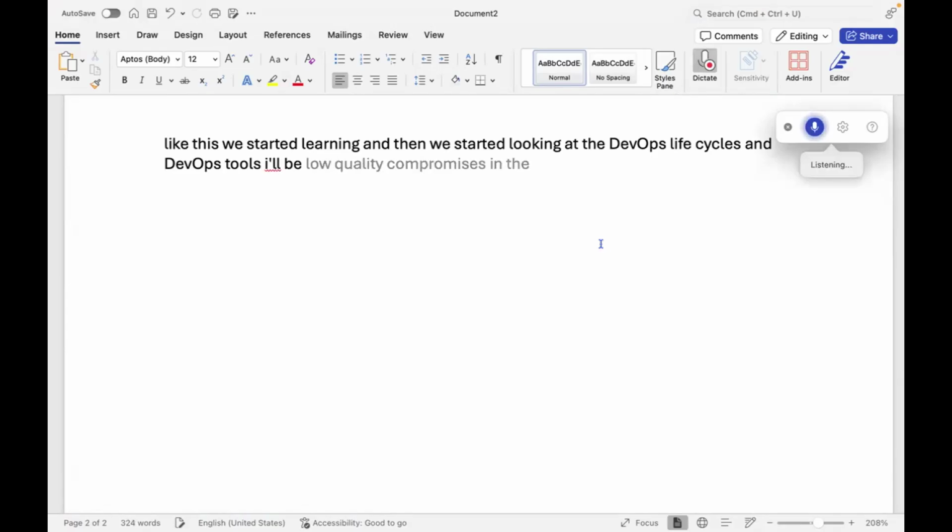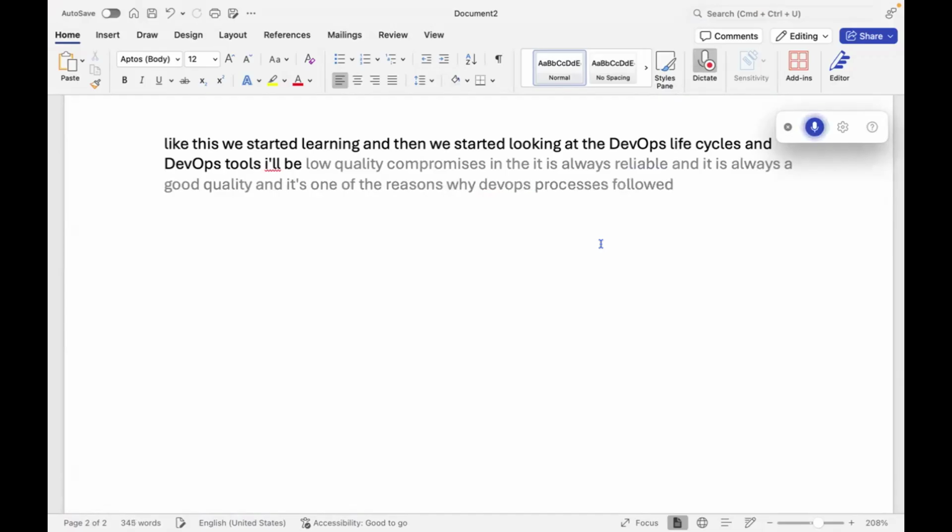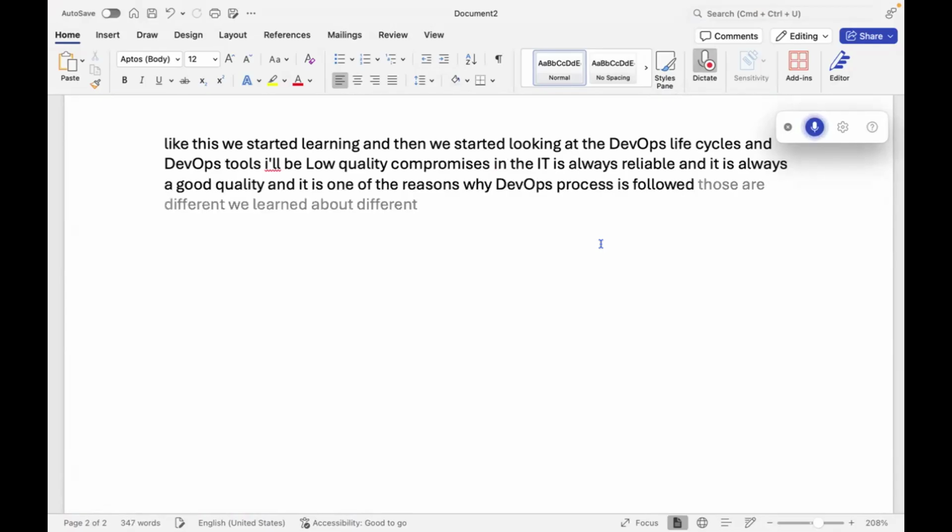It is always reliable and of good quality, and it is one of the reasons why the DevOps process is followed. We learned about different tools like GitLab, Terraform, CloudWatch, and some of the AWS services.